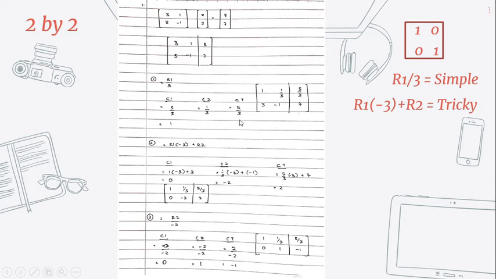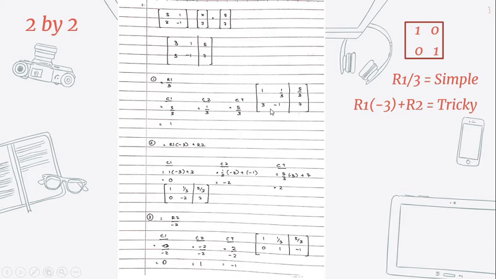Next, the tricky one. We are going to change this 3 into 0. How? The number above this 3 is already 1, right? So we use R1 multiplied by negative 3. Why negative 3? Because in the tricky formula, the number that we want to change, we put it as negative.